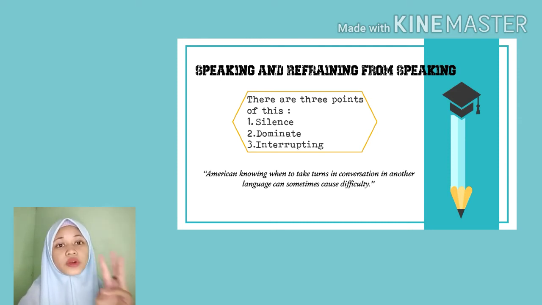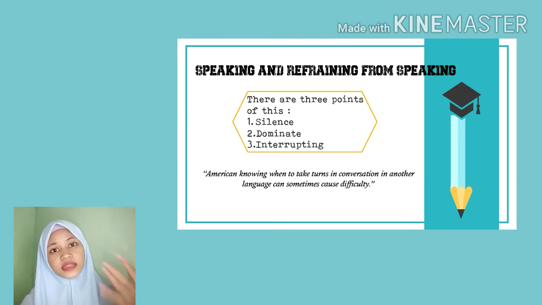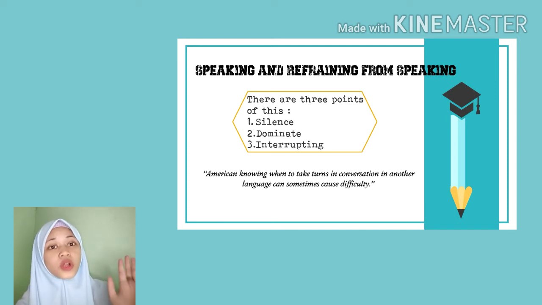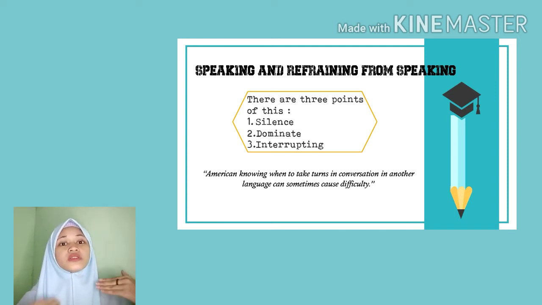So the third is interrupting. Don't ever interrupt arguments or when someone is giving a suggestion. When someone is talking, you don't have to interrupt. It is really impolite when someone is talking and you directly interrupt.